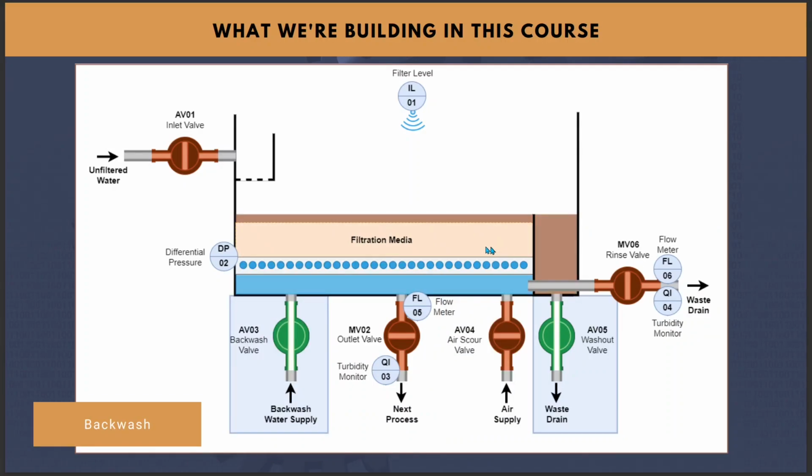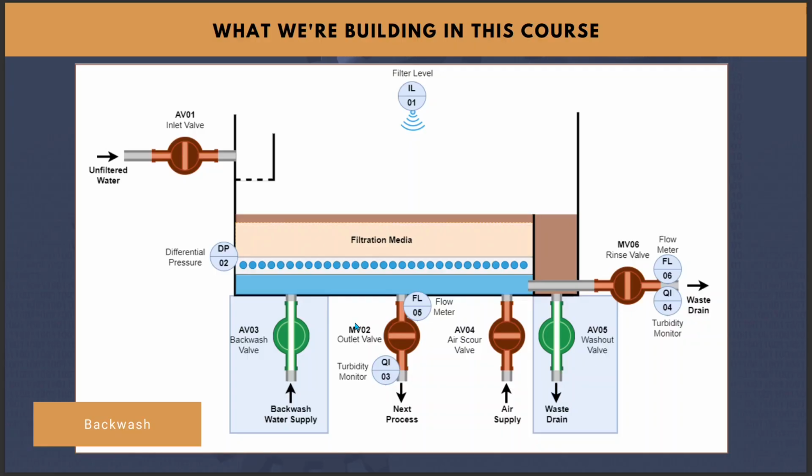And once that's done, we then come into our backwash. So we open our backwash valve again, leaving the washout valve open. And that forces clean water the reverse way through the filtration media and washes the dirt that's accumulated in that filtration media out over the weir and through the washout valve.